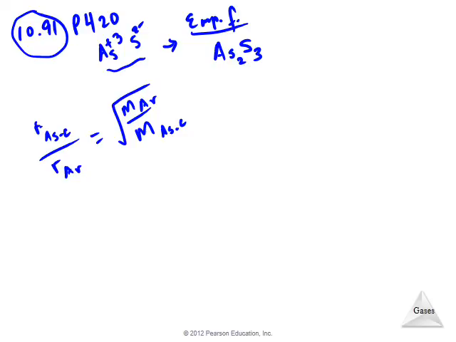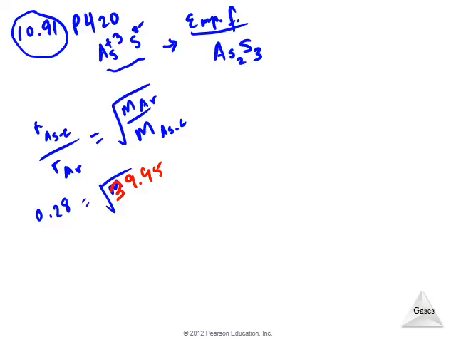So that means this value is 0.28. Let's write down 0.28 equals the square root of mass of argon. Actually, we can plug in the value of argon now. From the periodic table we can find it to be 39.95. So let's use that number, 39.95.